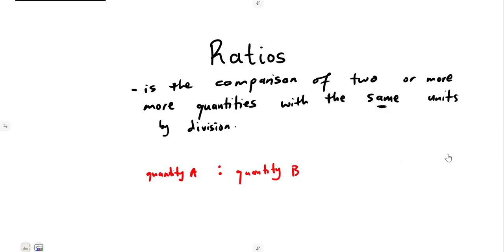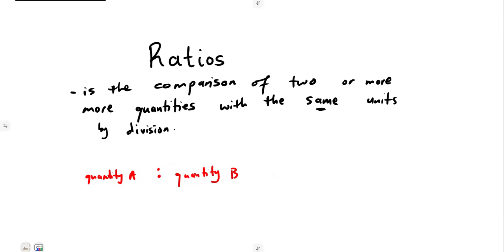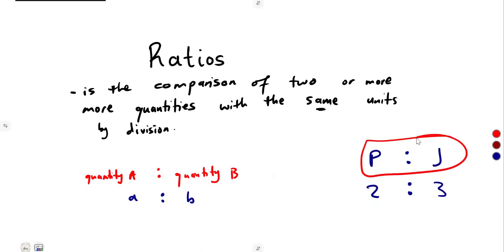The given information, is it about the number of people? Like there are three of them, there are two of them, Peter and John. This corresponds to the exact given ratio, maybe A as to B. We are now given maybe 2 as to 3. So comparison is from these two.